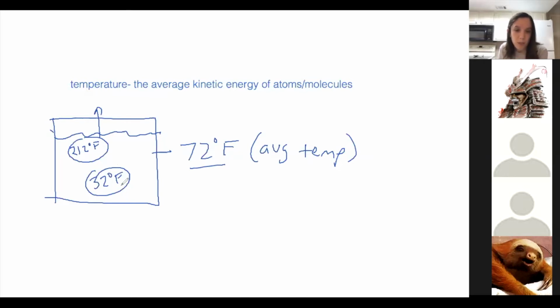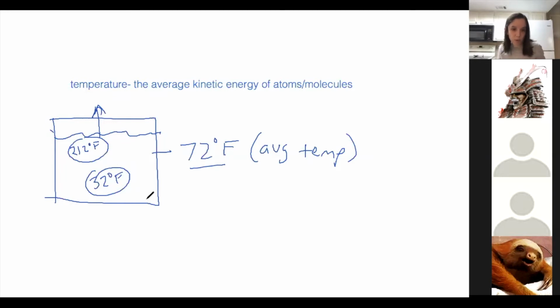And again, remember what temperature represents. It means the speed. And so that's really all we're saying, is that some atoms are going at a speed of 212 degrees Fahrenheit, which means they'll be able to jump out of the water, because that's the boiling point of water. Others will be at 32 degrees Fahrenheit, which means they'll be mostly stopped. At 32 degrees Fahrenheit, when they become solid, they just vibrate in place.